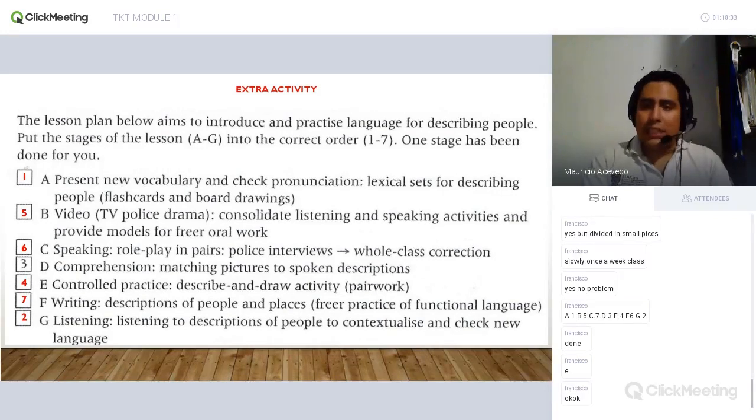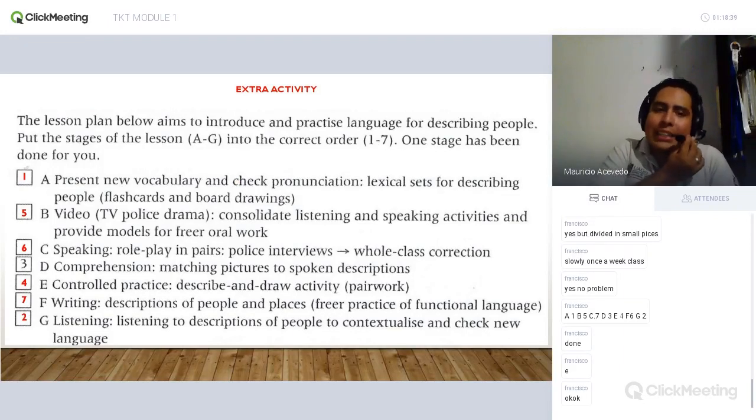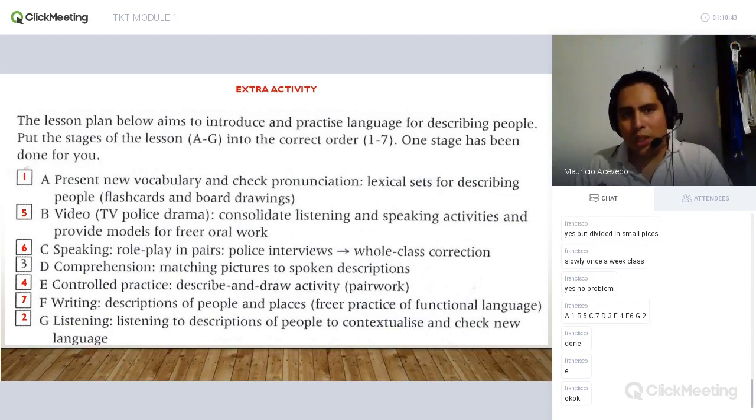All right. So this is mainly about planning, about individual. What do you think, Francisco? This is more like an individual or a sequence of lessons? What do you think? What kind of planning is this one?